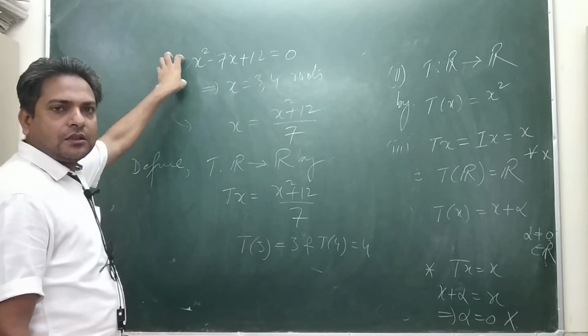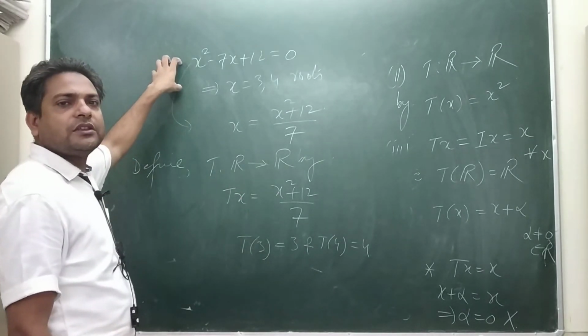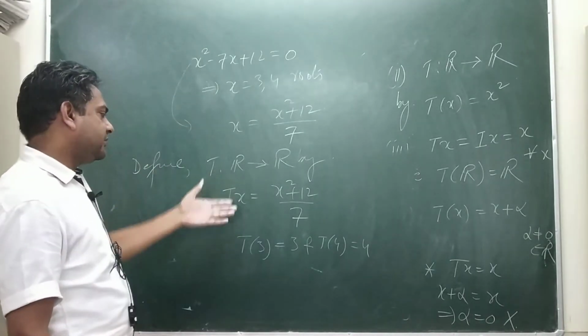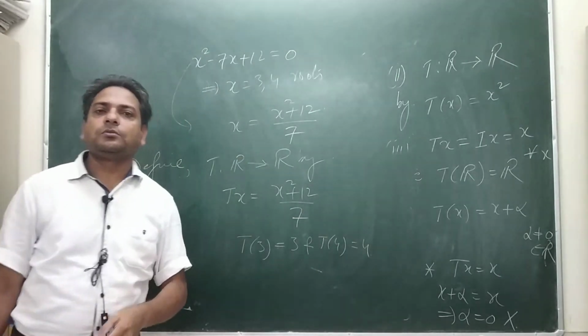And second, if a fixed point of this map is unique, it means that this system also has a unique solution. But in this case, for example, there are two fixed points, that's why there are two solutions of this quadratic equation.